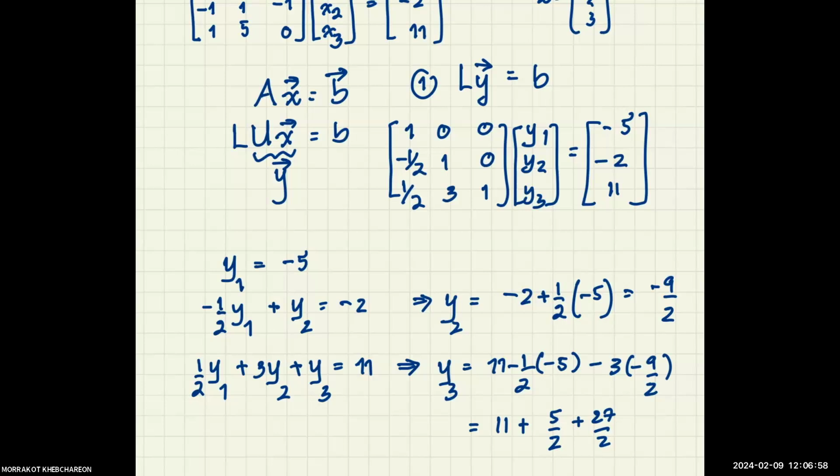That gives 27. So now you get y1, y2 and y3.